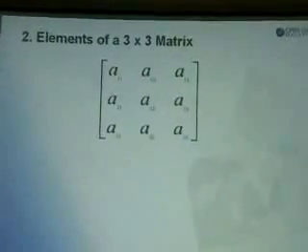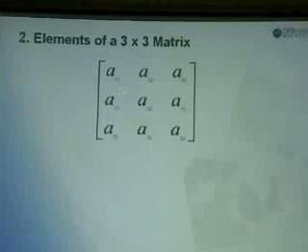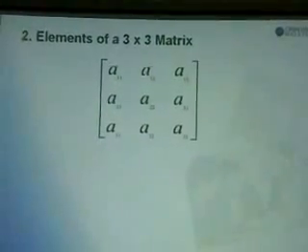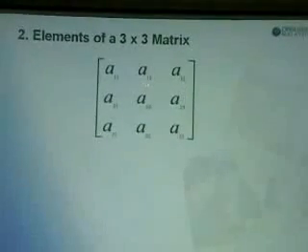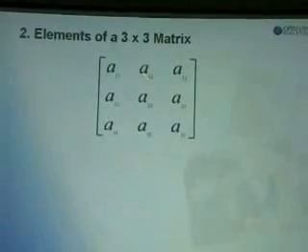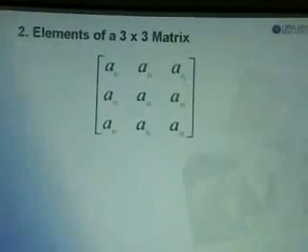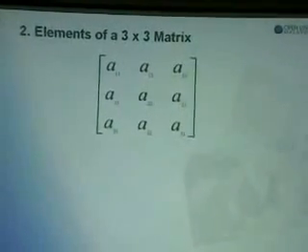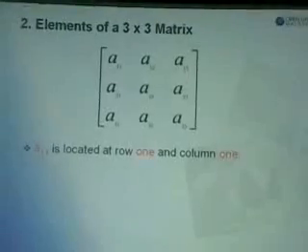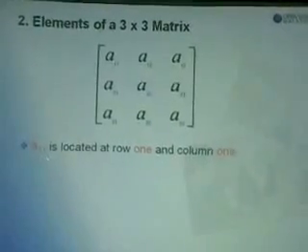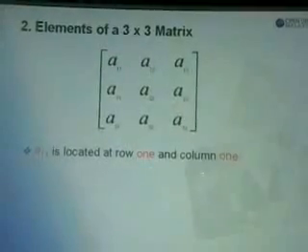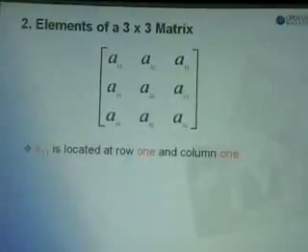So they are identified as A11, meaning first row and first column. The second element A12 is the element at first row and second column and so on. Alright, so we can say A11 here is located at row 1 and column 1.